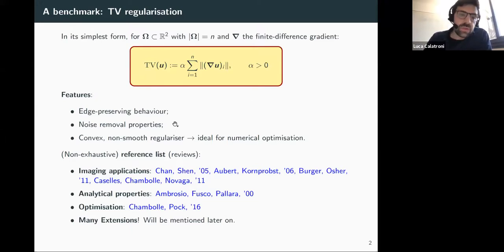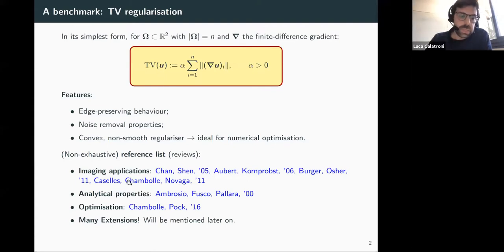The literature on TV is really vast, so exploring all the different contributions from all the many viewpoints is not going to be the topic of this presentation. I'm just referring here to some reviews or survey papers on the use of TV in different contexts.